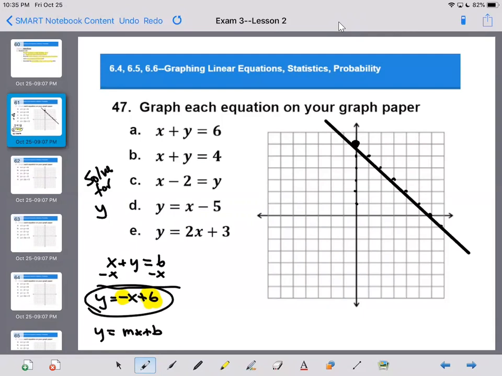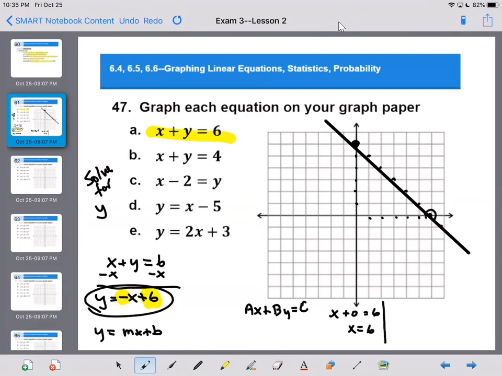We also have a form called standard form. So ax plus by equals c. And if you're in that form, which part A is in, to find intercepts, you could substitute a 0 for y and solve for x, which would make x equal 6, which we notice 1, 2, 3, 4, 5.